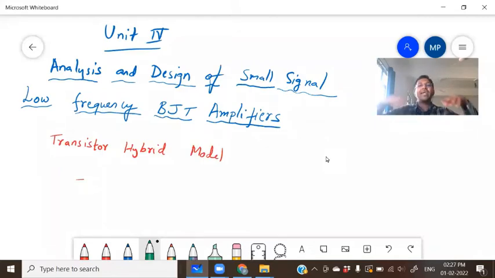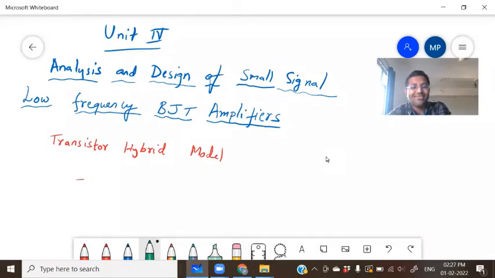And directly we cannot analyze the transistor circuit. So first, we will take AC equivalent of our circuits, and in that AC equivalent, we will replace the transistor by its hybrid model, also known as H parameter model, which we are going to discuss now.